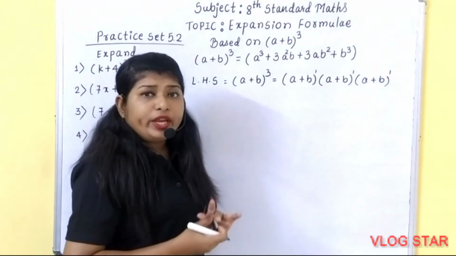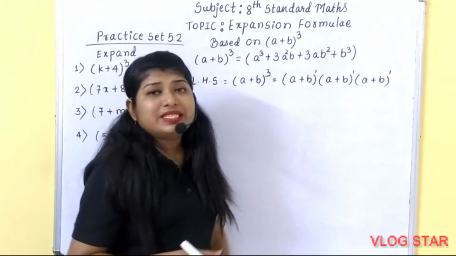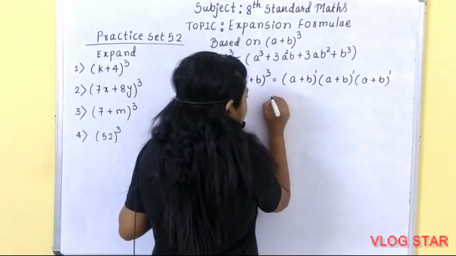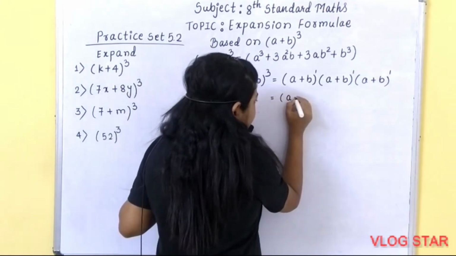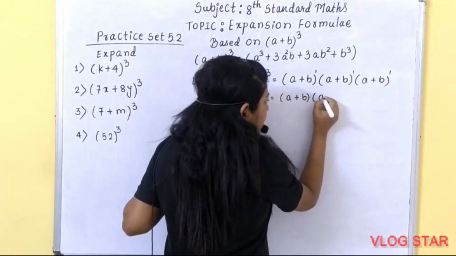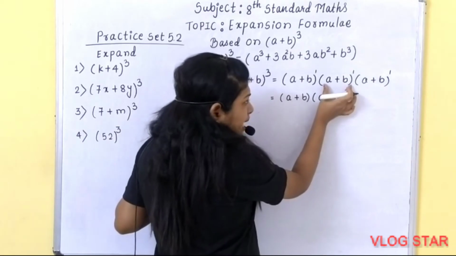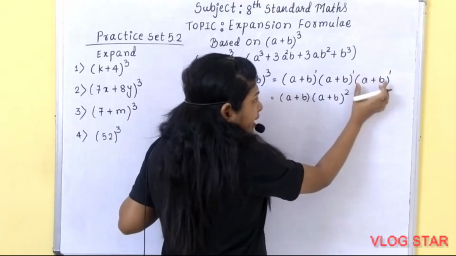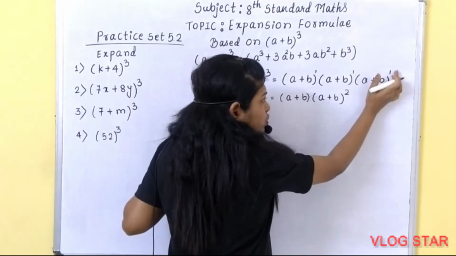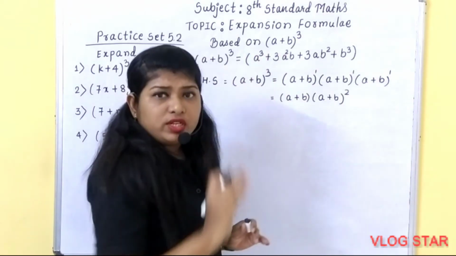Now how do you show the right hand side is equal to the standard result? Can I write the first bracket, a plus b, as it is, into (a plus b) whole square? This (a plus b) raised to 1 into (a plus b) raised to 1 becomes (a plus b) whole square.